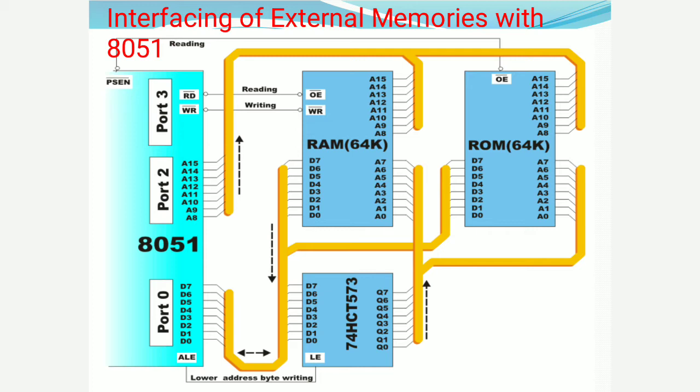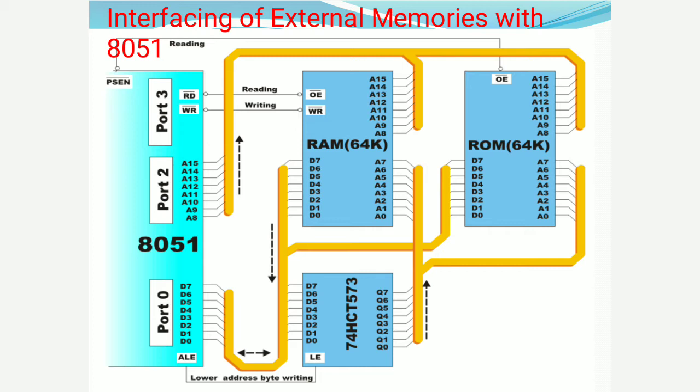right? That is connected to VCC or connected to the ground signal, as EA bar is an active low signal. When we connect to the VCC, then in that case it will access the memory from internal program memory, that is internal ROM available in microcontroller 8051, as well as if we connected external ROM, then when EA bar is connected to VCC, initially it will access internal, and after internal it will access external program memory.